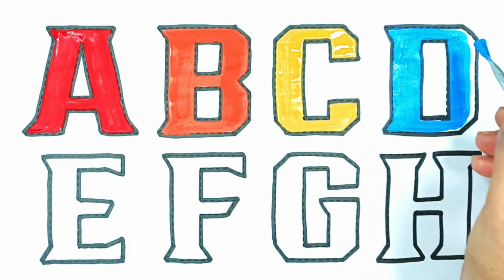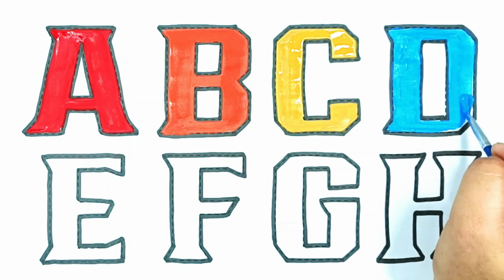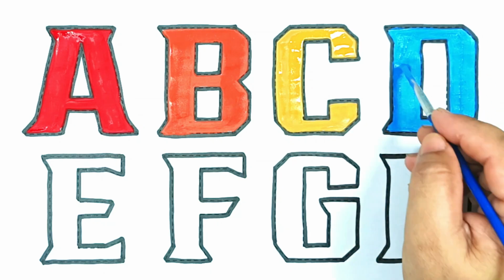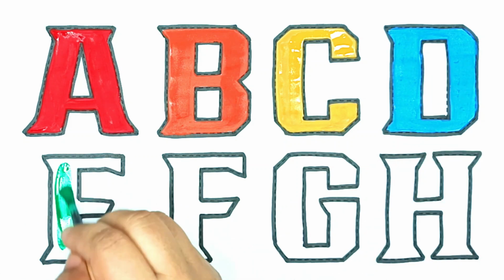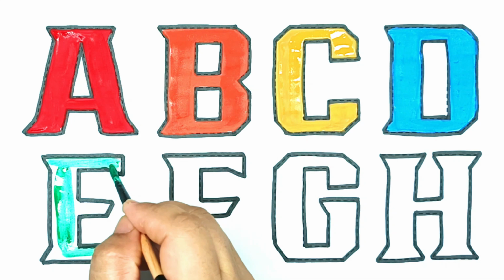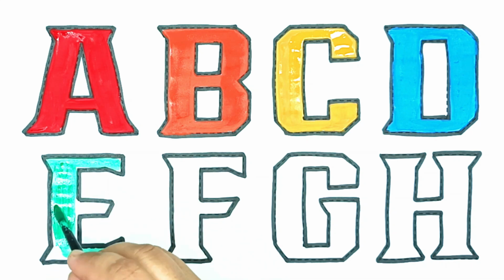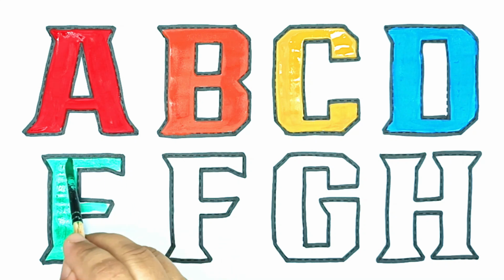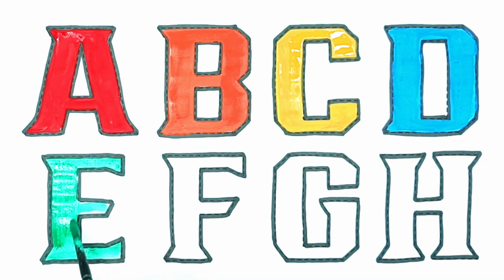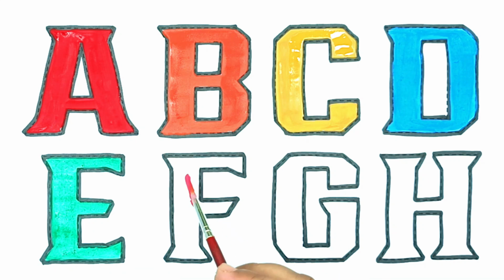D is for door. D is for dreams, you have in the night. E is for elevator. E is for egg. E is for egg, the white and the yolk.